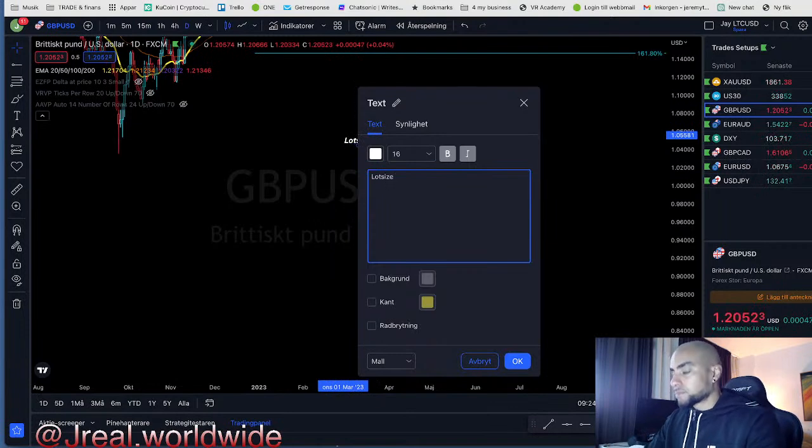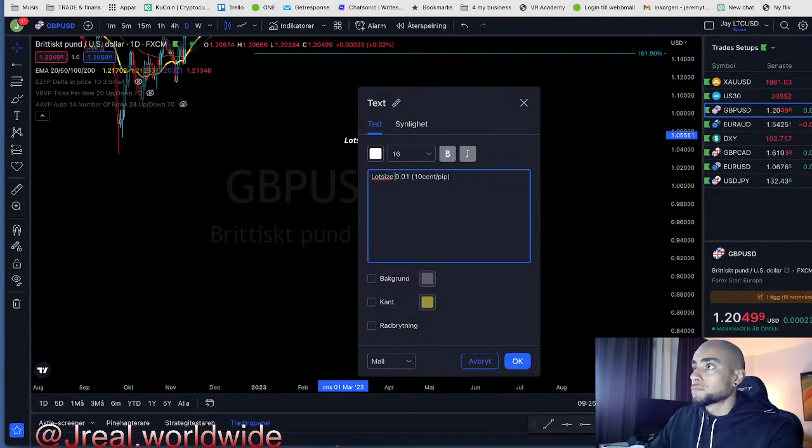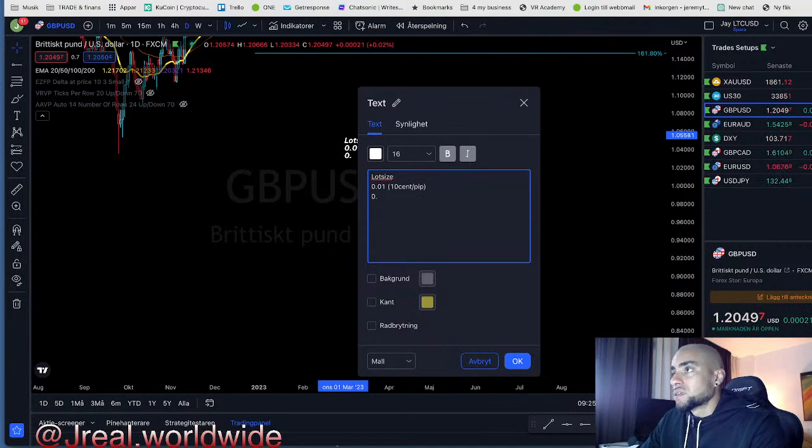Lot size 0.01 is 10 cent per pip. Lot size 0.1 is 1 USD per pip.